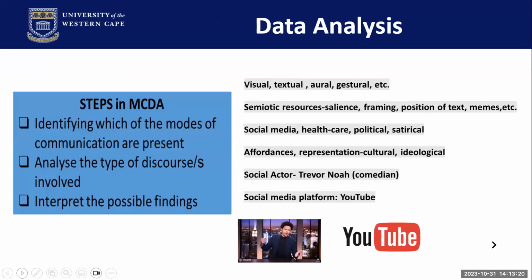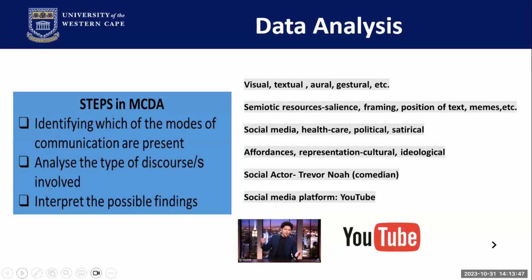So what are the steps in terms of analysis? In order to analyze a social media text, in this instance YouTube, based on the social media actor Trevor Noah, here are the following steps. Number one, identifying which of the modes of communication are present. These can refer to visual, textual, oral, or gestural.